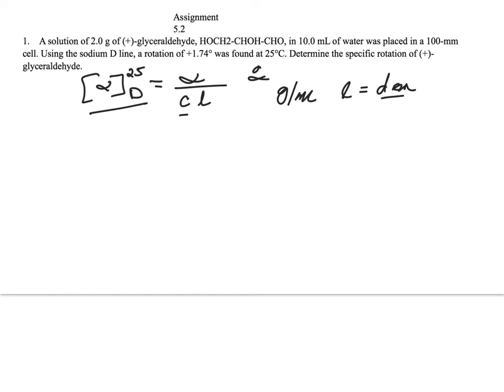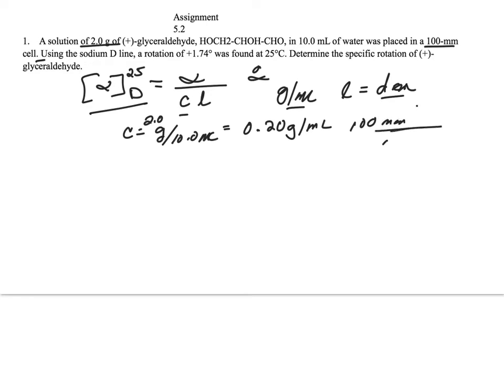So if you get in centimeters, you need to convert it out. So obviously, concentration is mass over volume. So you just do C equals 2.0 grams divided by 10.0 milliliters, and that's going to equal 0.20 grams per mL. And then you place it in a 100 millimeter cell.